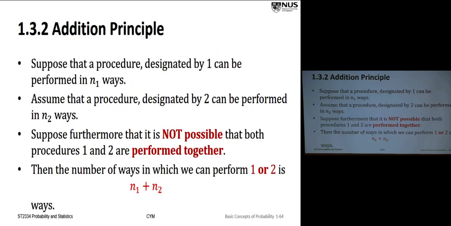Okay. Addition principle. So, addition principle is sort of like a special case, not special case, but more general case, in fact, of the multiplication rule. Because multiplication rule, you need to have each of the operations or experiment, for each outcomes in the first experiment, you must have the same number of outcomes in the second experiment.